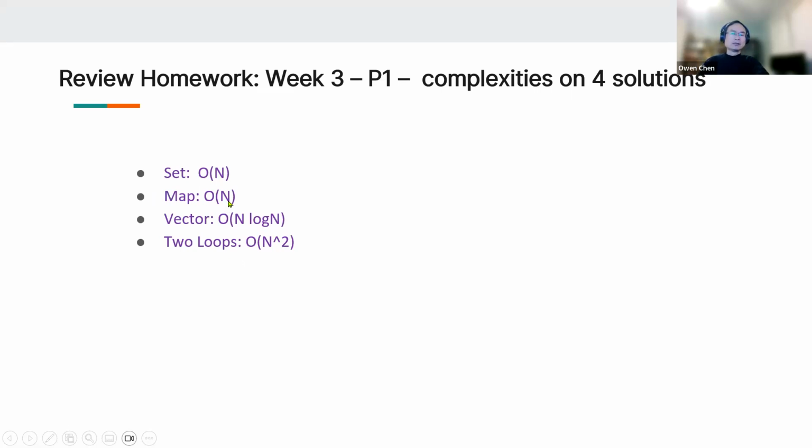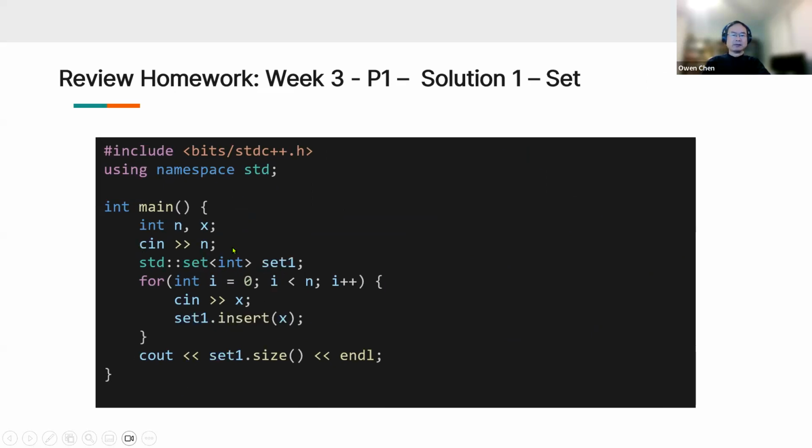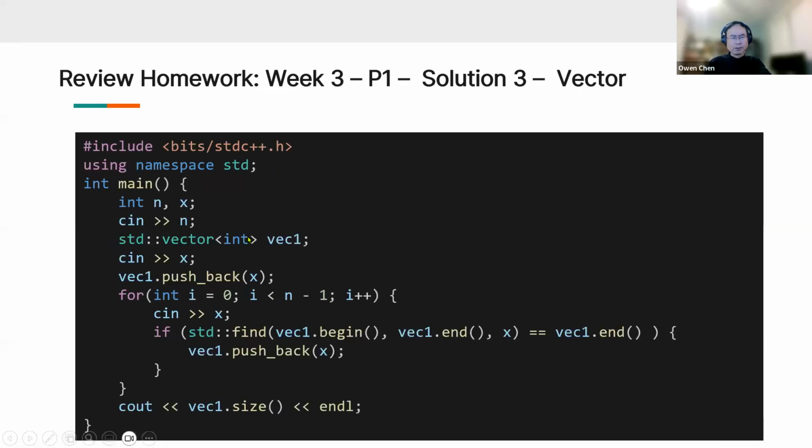But map creates a redundant variable, since you use two variables, so memory-wise it uses some extra memory, while a set has just one variable. So set is the most efficient in time and memory, and map is the same as set in time efficiency, but its memory is not as efficient as a set.